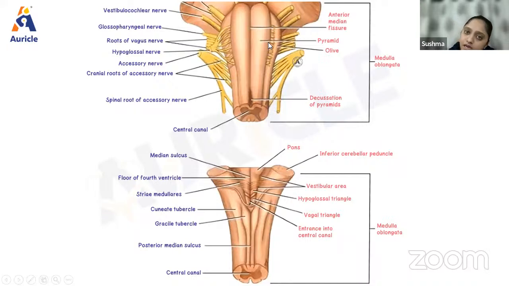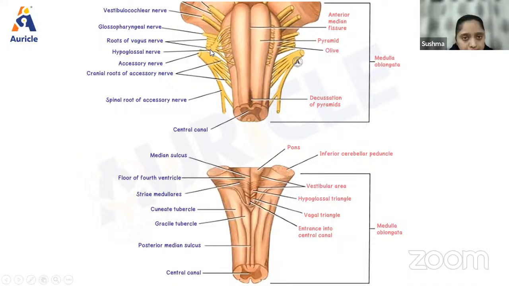Hypoglossal comes between the pyramid and the olives. The rest, as you can clearly see from the diagram, come from between the olives and the inferior cerebellar peduncle. Look at this, the accessory nerve. You can see cranial roots and the spinal root. This is the vagus nerve, and this is the 8th nerve, vestibulocochlear nerve.